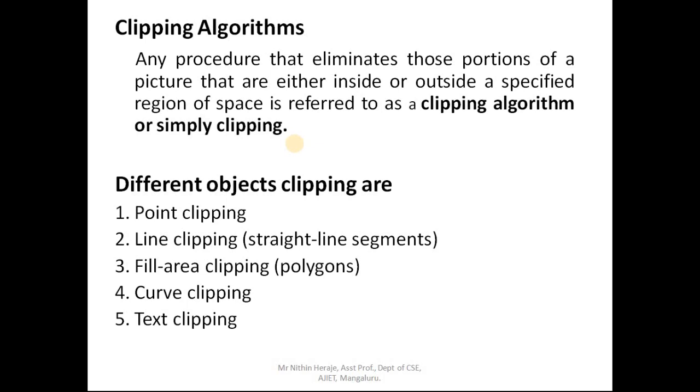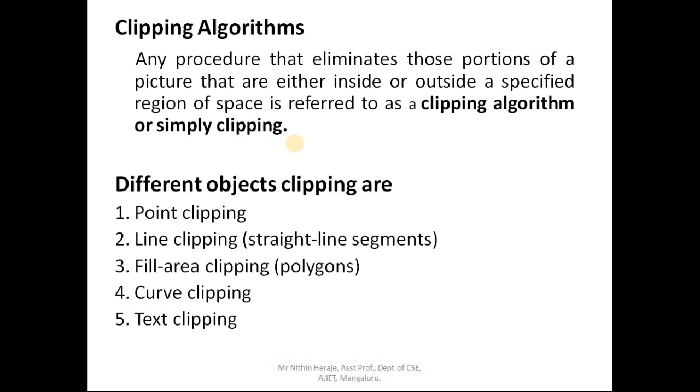Now, what are the different object clippings? One is point clipping, second is line clipping, third is fill area clipping, which is nothing but polygons, then we have curve clipping, then text clipping. Out of these, here we concentrate on line clipping and fill area clipping.